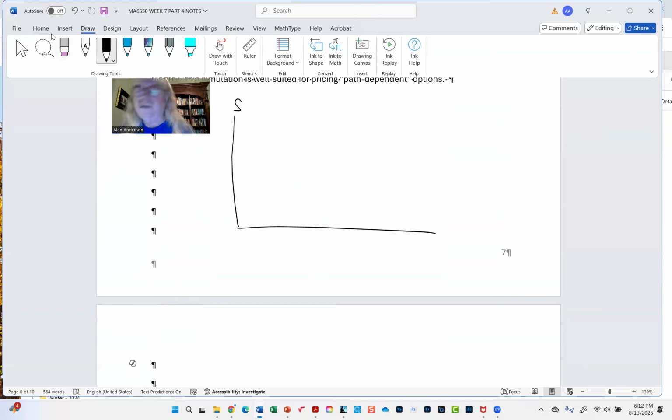So in other words, here's the stock price now. And we're going to not observe the price of the stock. We're going to simulate it. Here's the first path. Then we go back and do it again.